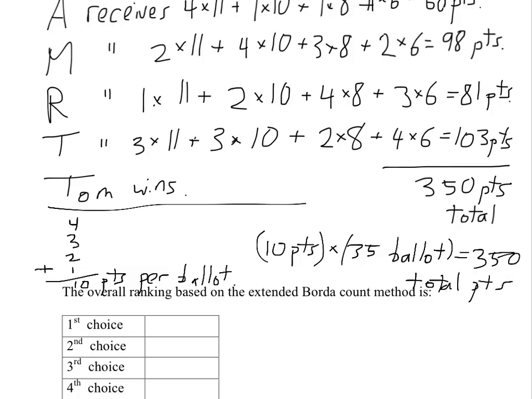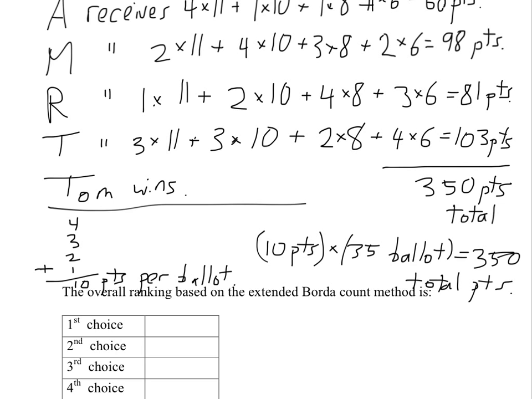Okay, good, so this matches up. The total number of points that we've computed candidate by candidate and the total number of points that we can reason must have been given on all the ballots combined. Great, so that's good evidence that we have done this correctly.